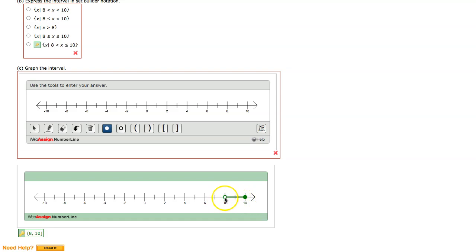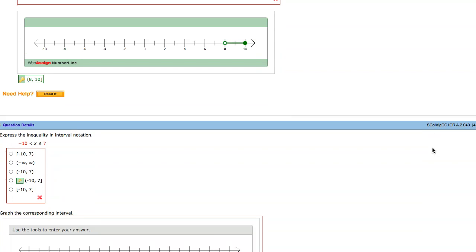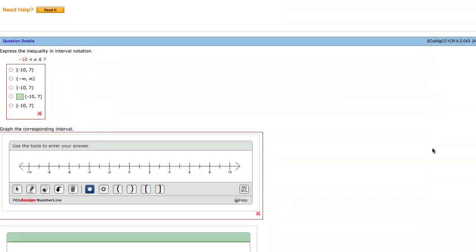It's every number in between 8 and 10, with the empty hole at 8, with the black dot at 10, and everybody in between. So it's the set of all x such that x is in between 8 and 10, where x could be possibly equal to 10, but not equal to 8. Okay. And we get the idea there too.